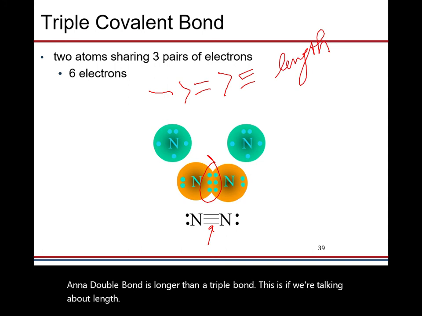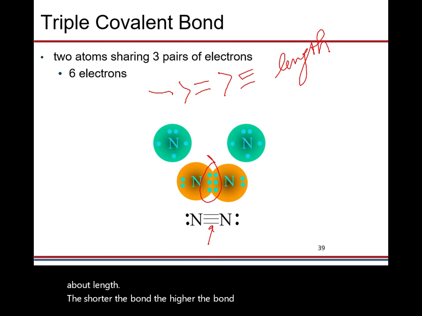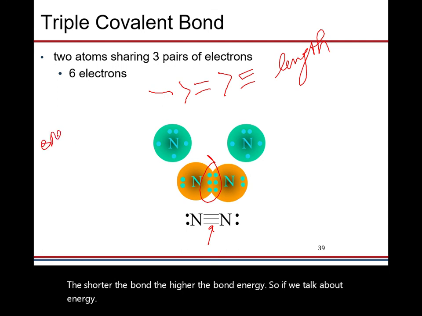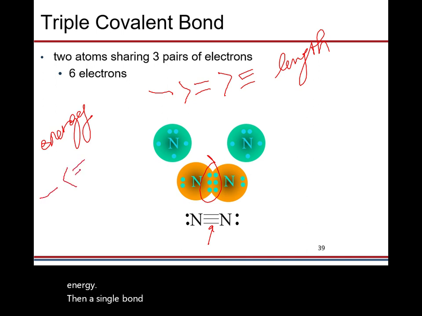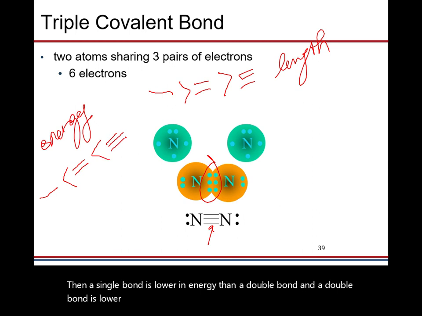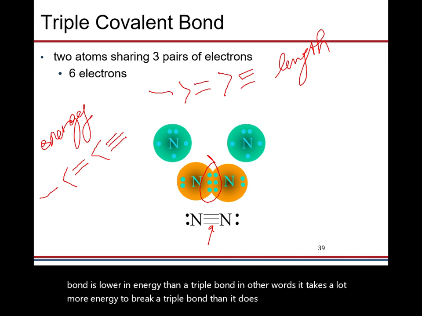The shorter the bond, the higher the bond energy. So if we talk about energy, then a single bond is lower in energy than a double bond, and a double bond is lower in energy than a triple bond. In other words, it takes a lot more energy to break a triple bond than it does a double bond than it does a single bond.